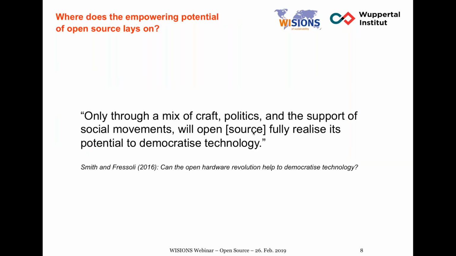I would like to close this introduction and open the floor to our speakers with this quotation: only through a mix of craft, politics, and the support of social movements will open source fully realize its potential to democratize technology. Thank you very much.